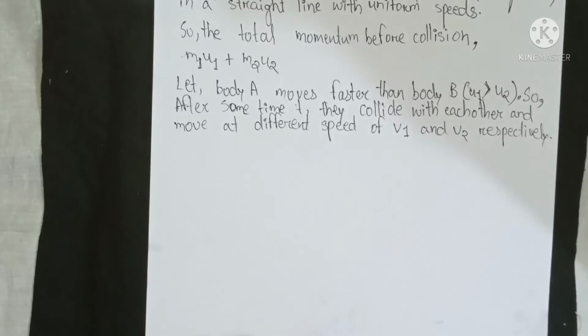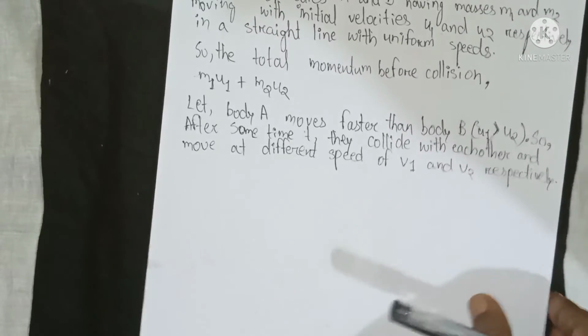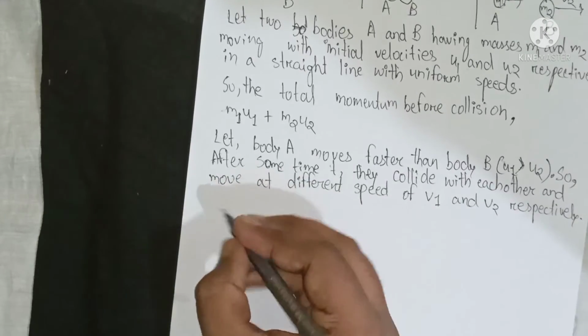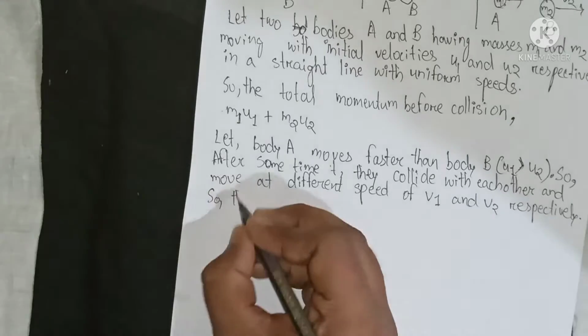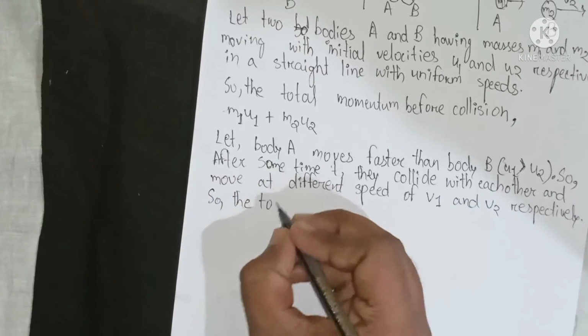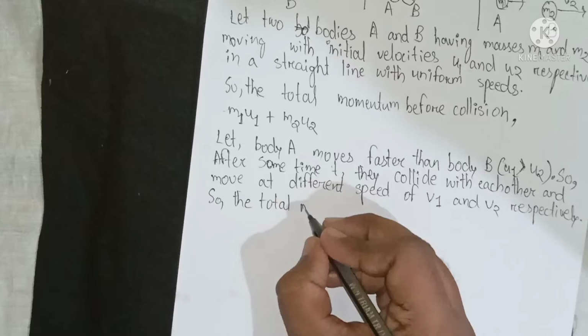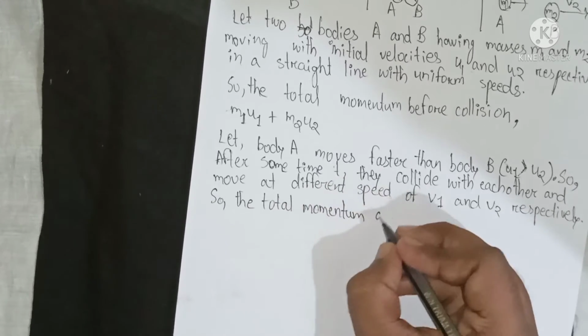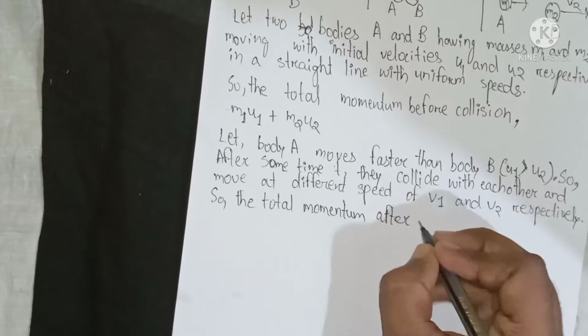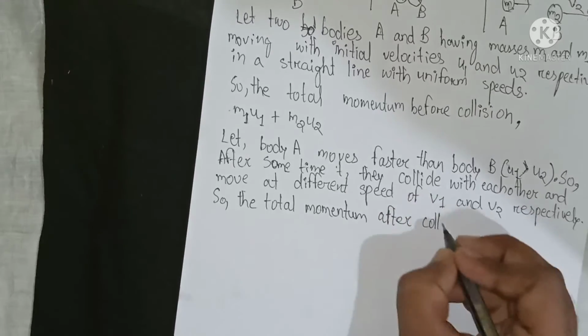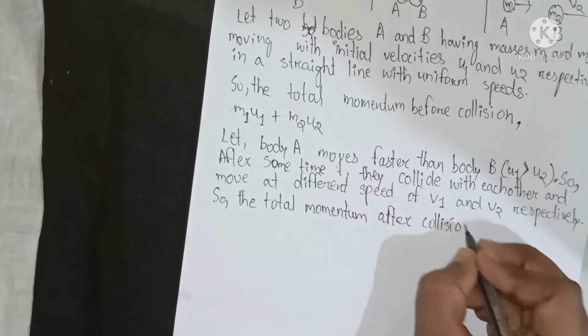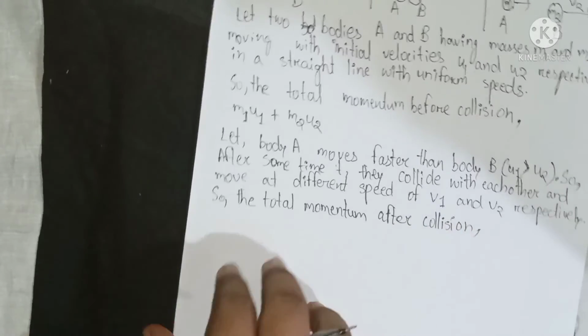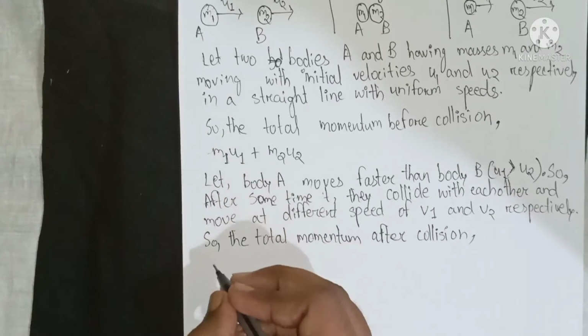So we have to write here the total momentum after collision, and this is the complete proof of this thing: that total momentum before collision is equal to total momentum after collision.